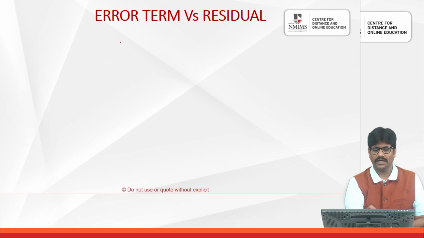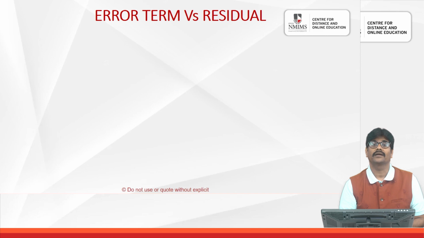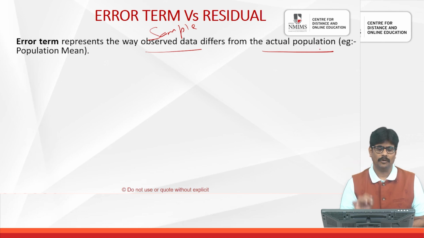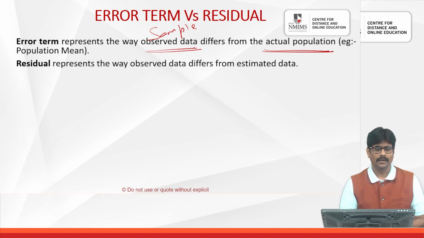So, let us spend some more time on understanding error and residual. The error term represents the way observed data, your sample data, differs from the actual population, which is your population data. So, that means the error term is related to the actual population data versus the sample data.